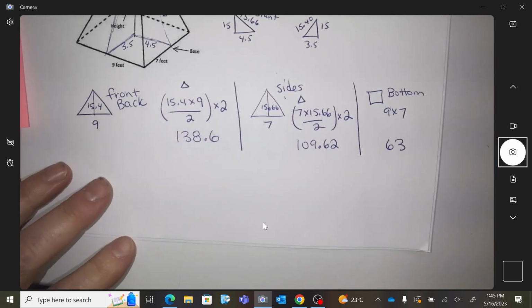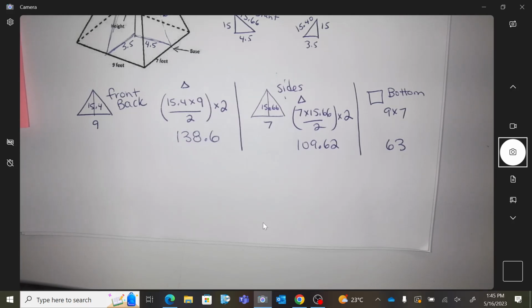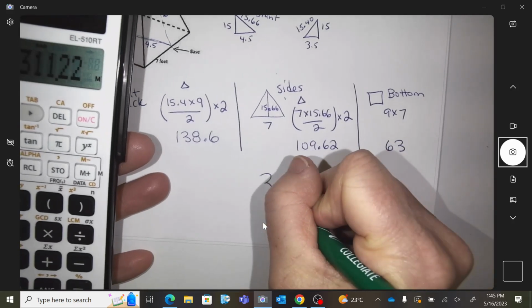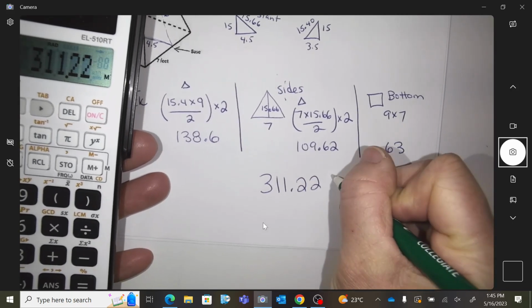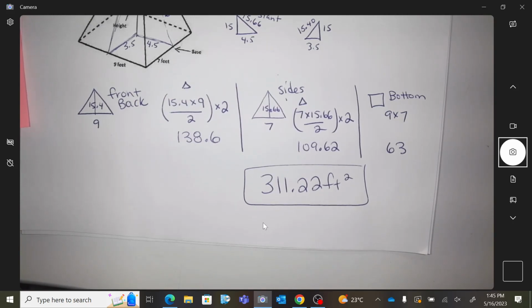All that work, I'm going to add that all up. Are we all matching by the end of all that work? Because there's a lot of work to put into that one.